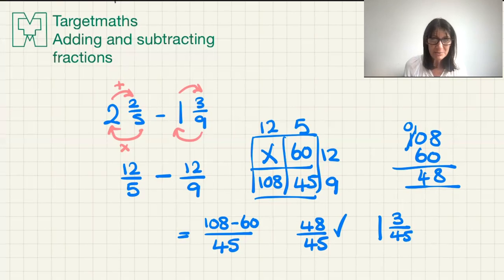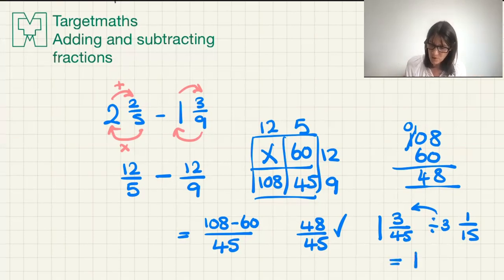Or can it cancel? Okay, it can cancel. I can divide by 3. 3s into 3 go 1. 3s into 45 go 15. And it's hard to spot that because 45 is outside the times tables that we learn. So it can be really easy to miss something like that.